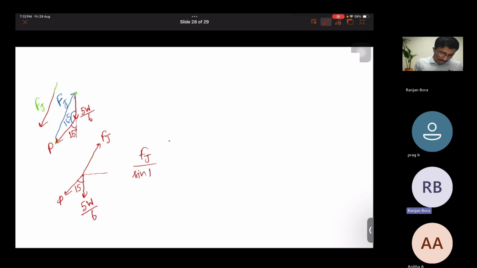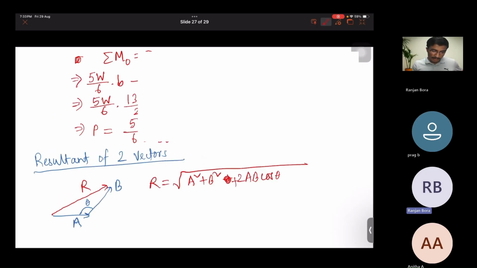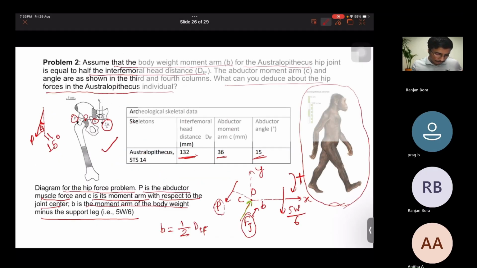Fj divided by sine 15 equal to P divided by... no, the angle between P and Fj is not 180.